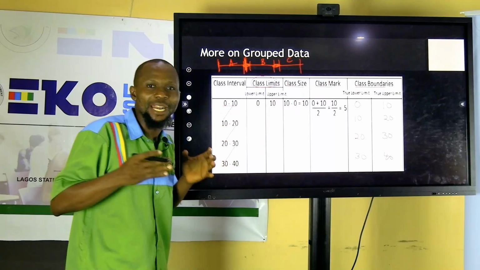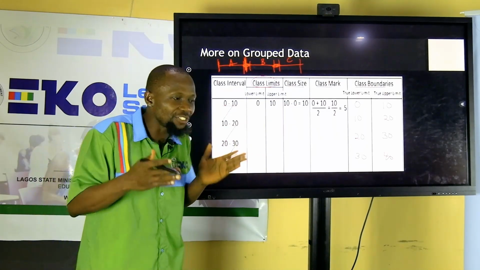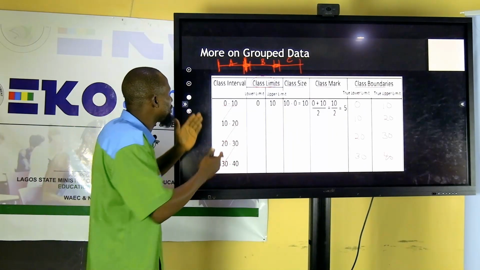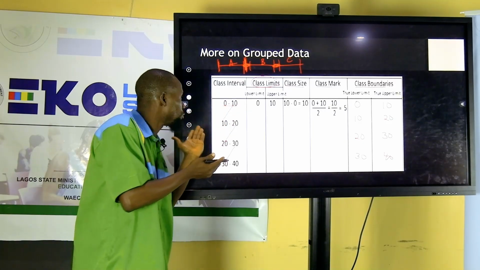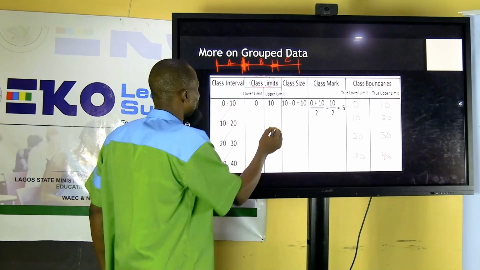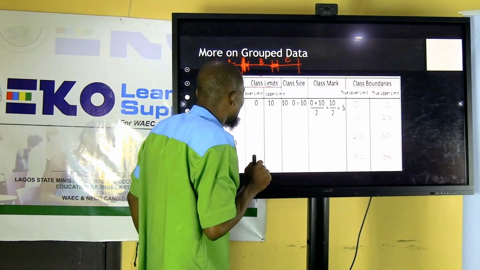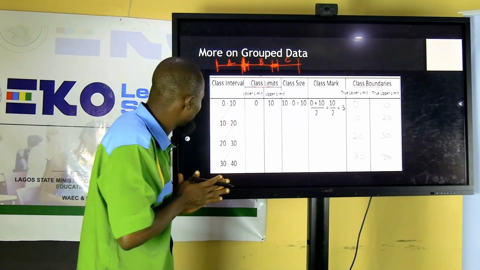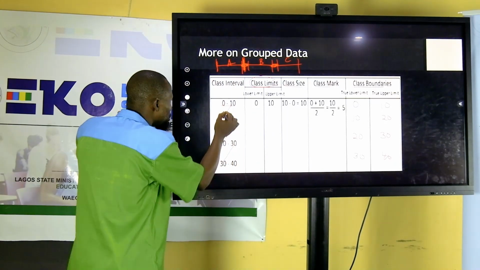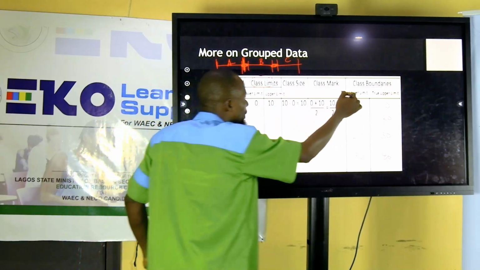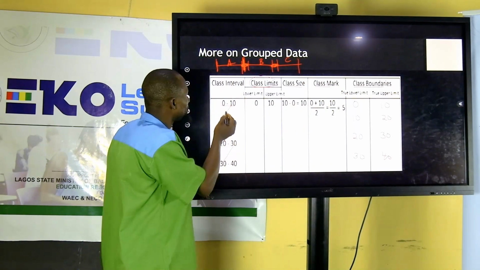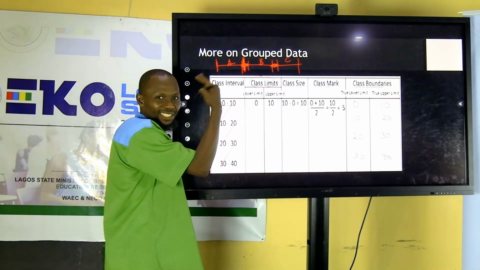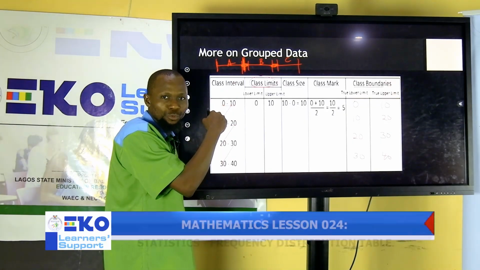Then we have what we call the class size. The class size is telling us the distance between the upper boundary and the lower boundary. Now how do we produce the class size? Once you pick interval or class boundary, in most cases we make use of class boundary because there are some data they will give you, like the previous example we did.